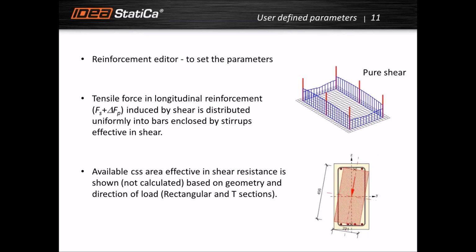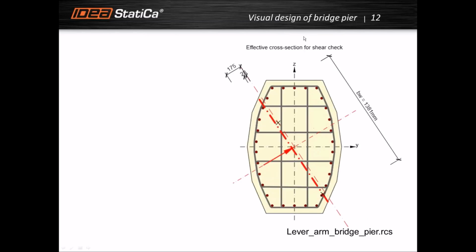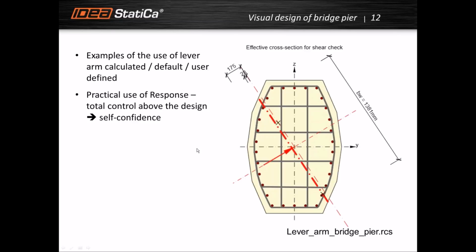So now we go to the design of bridge pier. I put here visual design so that I emphasize that we are able to investigate it by response and shear check in a very detailed way.